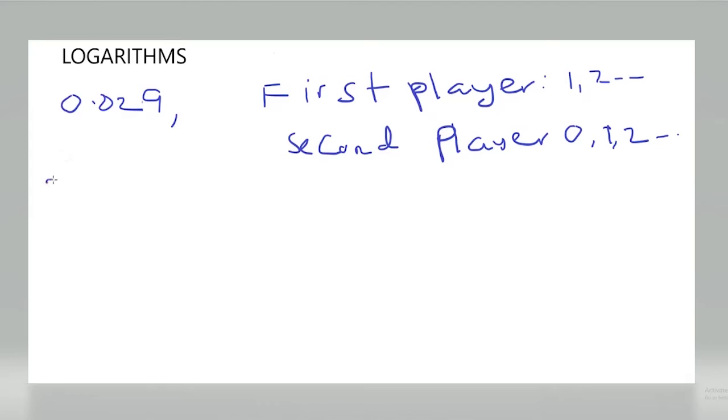Now write the first player is 2, then the second player is 9. Then times 10 power. Now look carefully here. What has moved here? Now 2 has moved some steps to take the position of 0. So look here, it has taken the first position, 1, then 2.